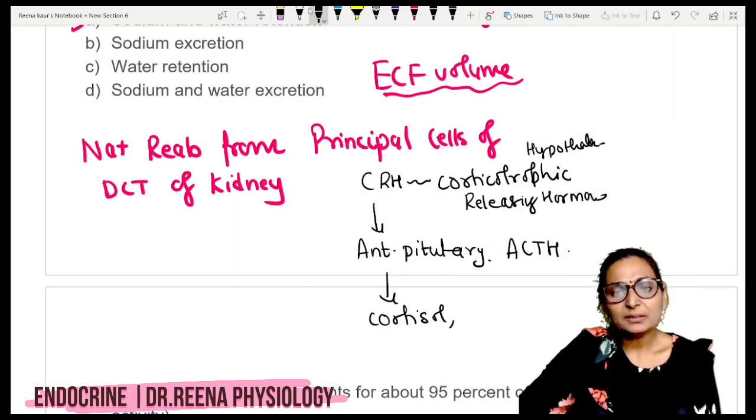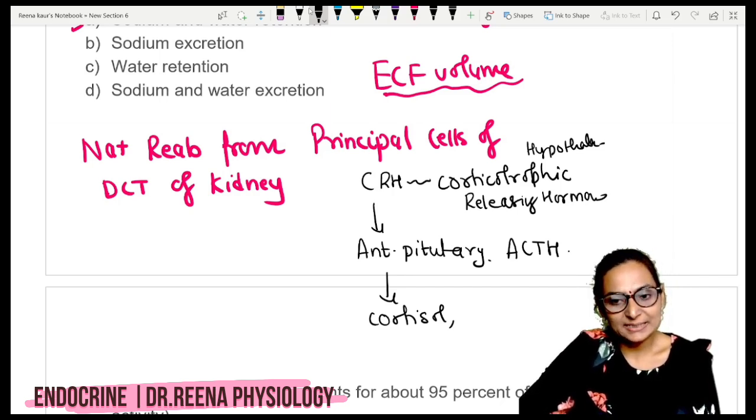CRH coming from the hypothalamus acts on the anterior pituitary, which will secrete ACTH. This ACTH will stimulate cortisol and also your aldosterone.